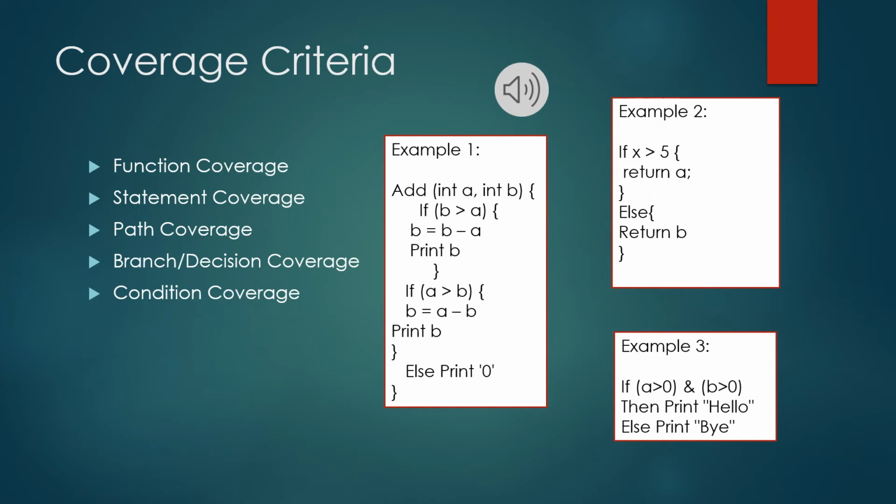The fourth criteria is branch and decision coverage. This involves ensuring that each of the possible branches for each decision point is executed at least once, and thereby ensuring all reachable code is executed, that every decision is taken each way.